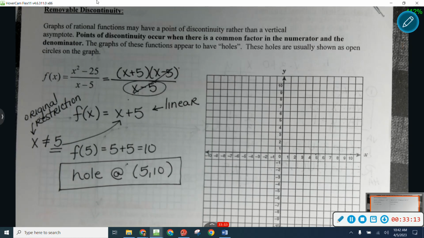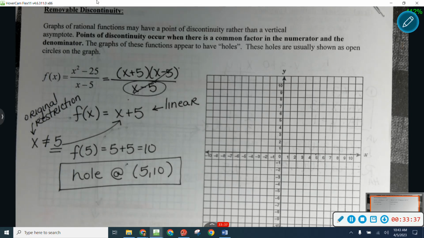Okay? It's more commonly called the point of discontinuity, but when you get to Miss Baker's class, she doesn't really call it that, because if you have a piecewise function or something, you could have a point there. If you're doing domain, it can get a whole lot messier than just this. So I'm going to teach y'all to know that terminology.